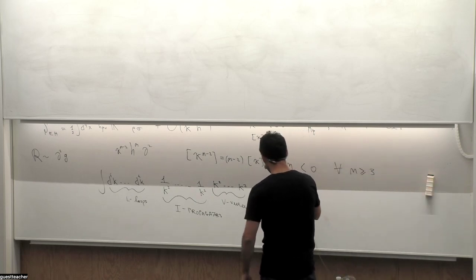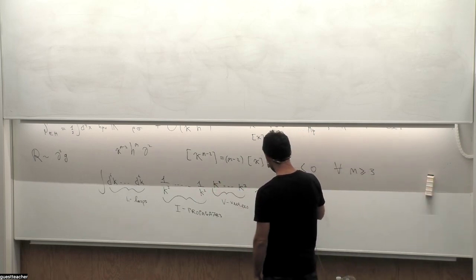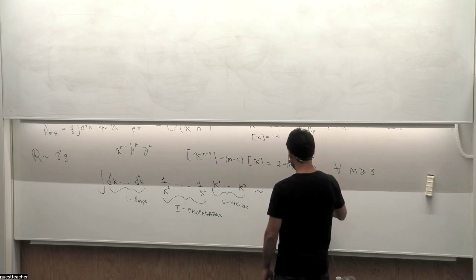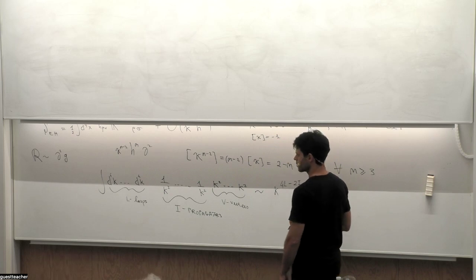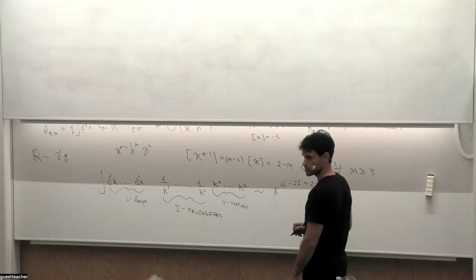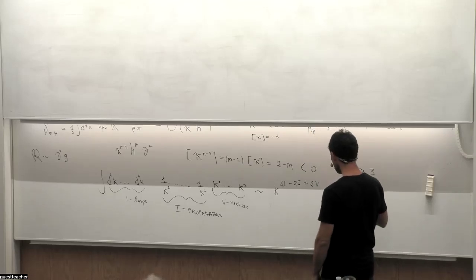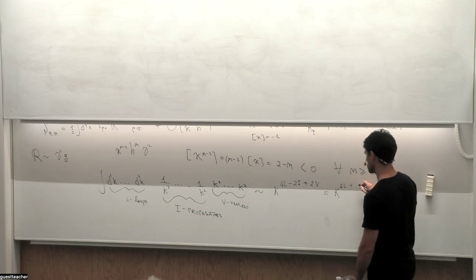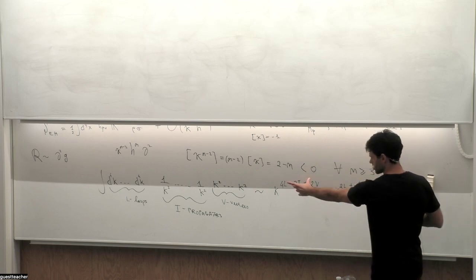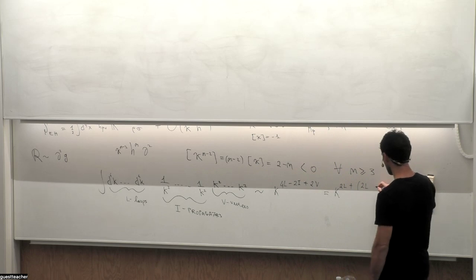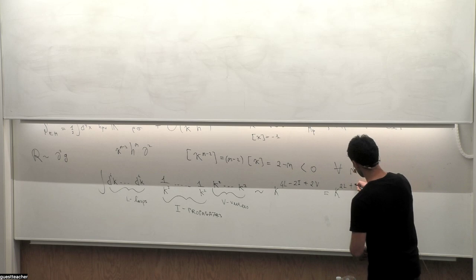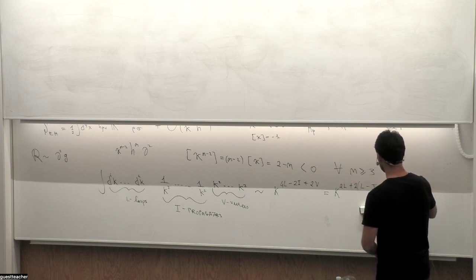Just schematically, this will be some k to the power 4L from the loops, minus 2I from the propagators, and plus 2V from the vertices. This can be written like 2L plus 2L, so I'm just taking 4 equal to 2 plus 2, minus 2 times (I minus V), right?